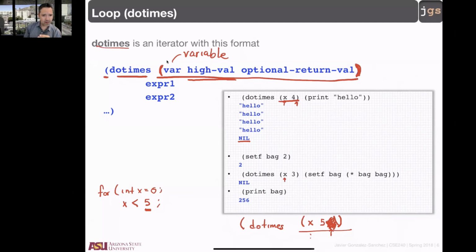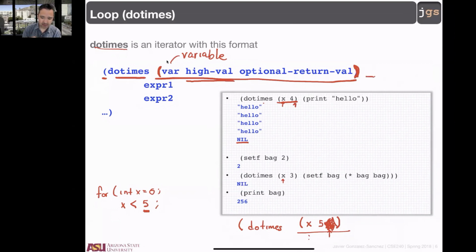So moving forward, do times, parentheses with the variable and the stop value, and next, after this, all the others are the instructions that you want to execute. All the instructions.